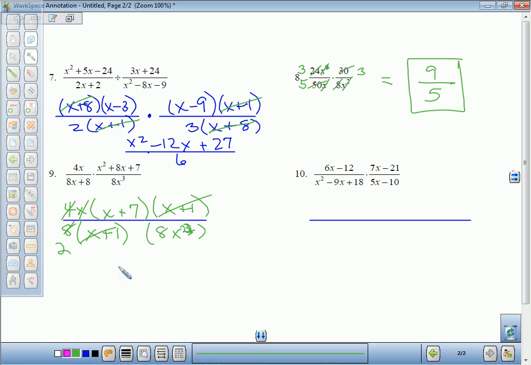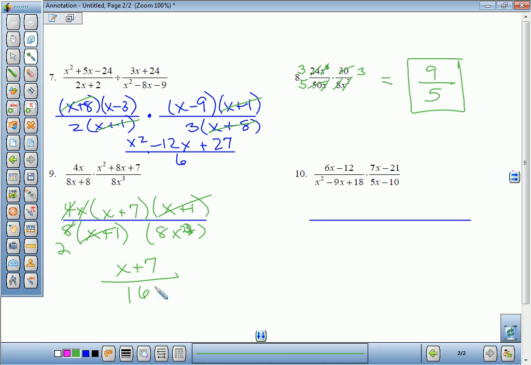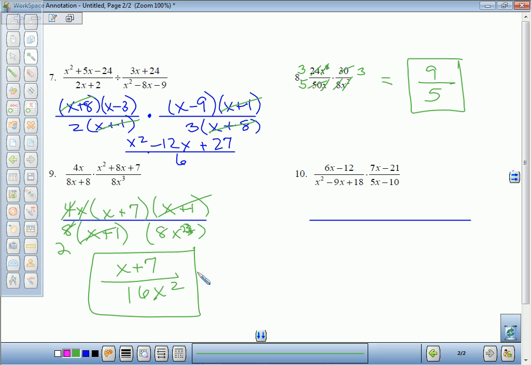So in the numerator, I'm left with an x plus 7. In the denominator, I have a 2 times an 8x squared, which is a 16x squared. And then finally, number 10, I'm going to factor.